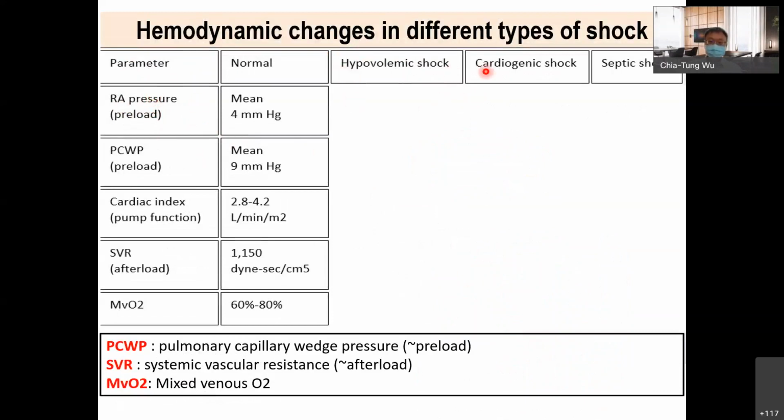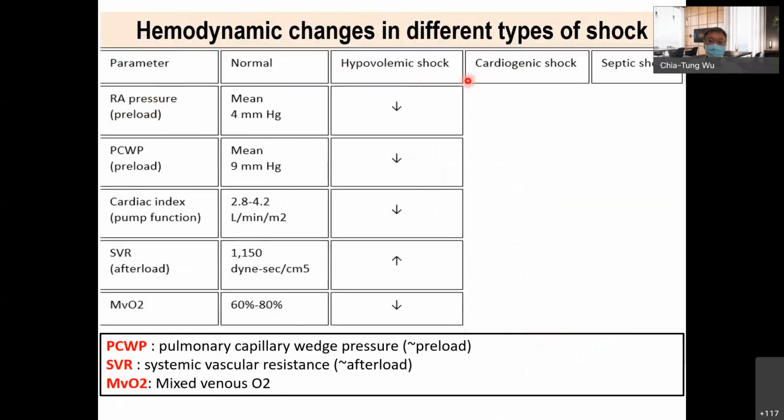For these different kinds of shock, these parameters will change. For hypovolemic shock, it's caused by dehydration or a large amount of bleeding, so the preload must decrease. The RA pressure, we call the CVP, and the pulmonary pressure will decrease.